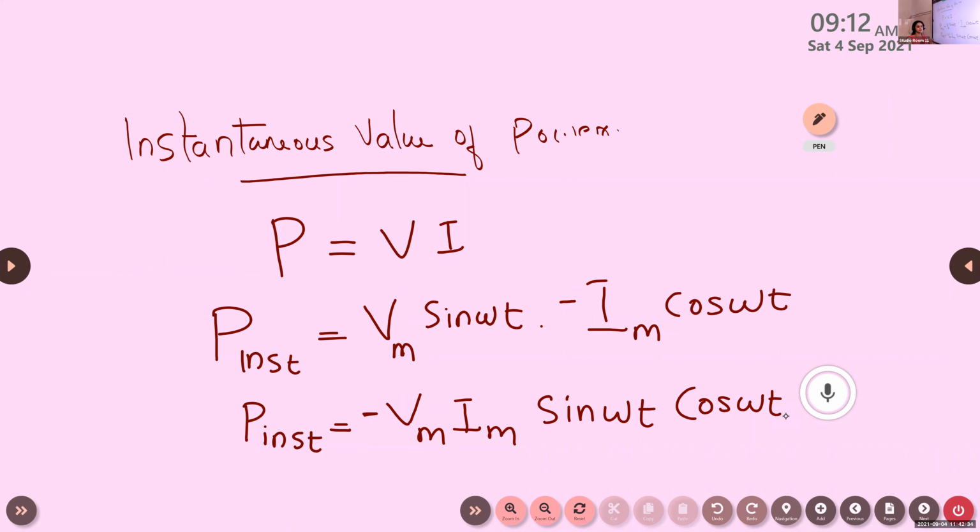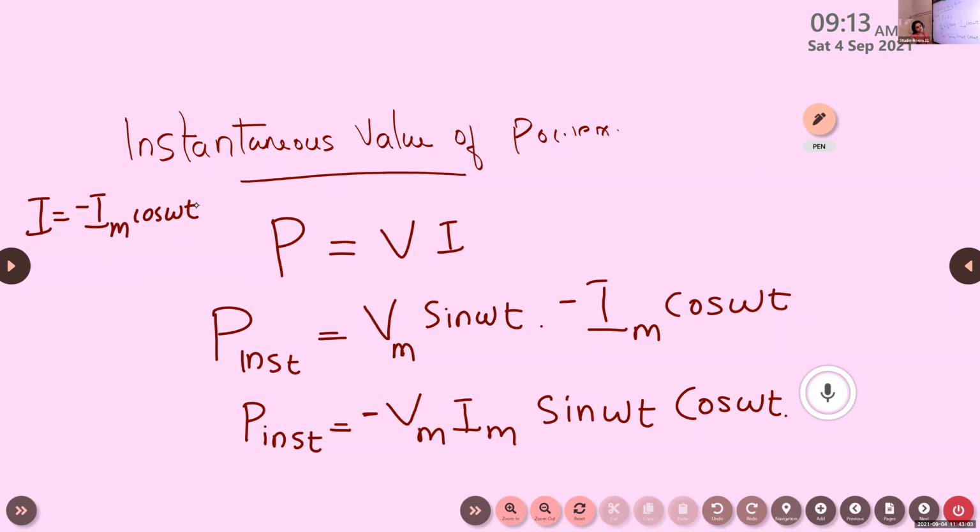Actually, the value of current that is generated in an inductor when it is connected to an AC voltage source is given by I is equal to minus Im cos omega t. But we know that alternating currents are represented in terms of sine function. That is why we convert it to sine omega t minus 90.